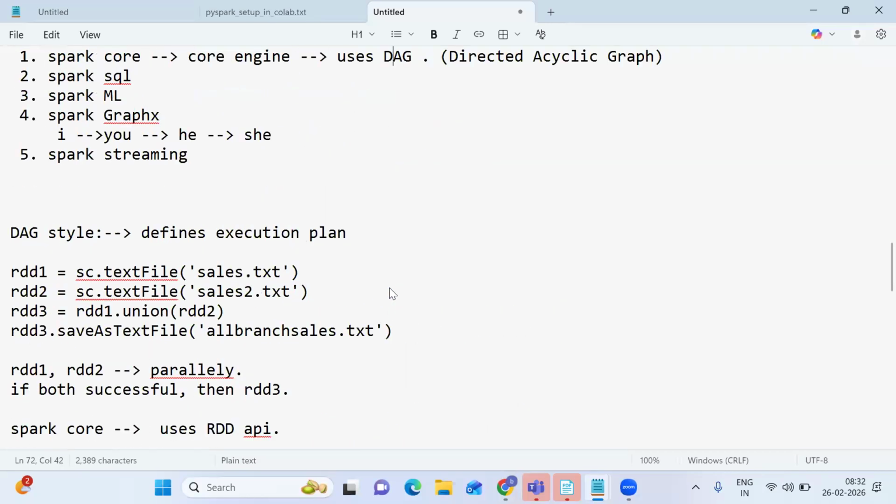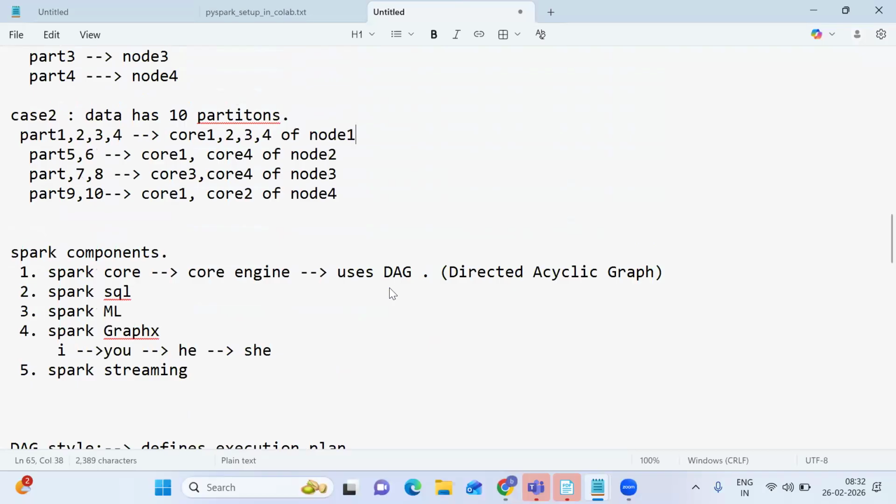Look at this. Data is divided into partitions for execution. Partitions are loaded not into one machine but multiple. Partitions are distributed across multiple nodes. That is the basic behavior.